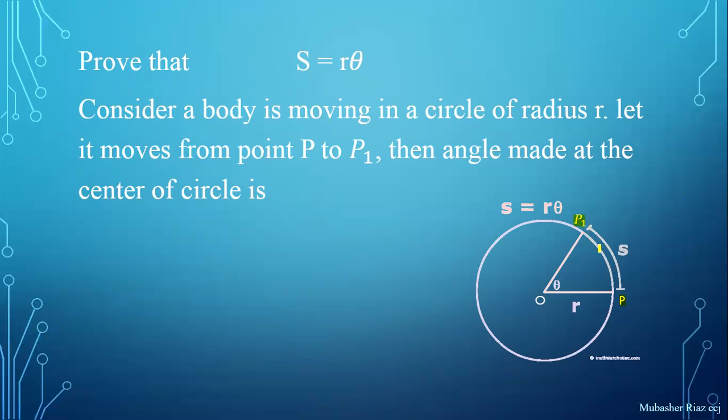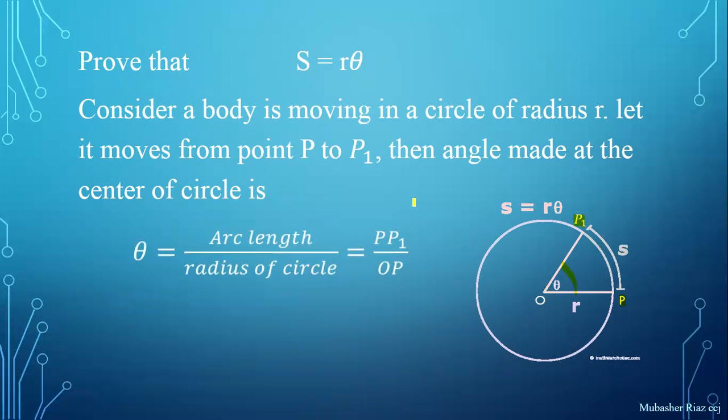So the object moves from P to P1 and its displacement covered is equal to S, where R is the radius of the circle. So the angle made at the center of the circle by this arc is equal to arc length over radius of the circle.